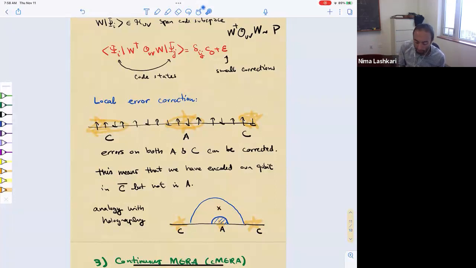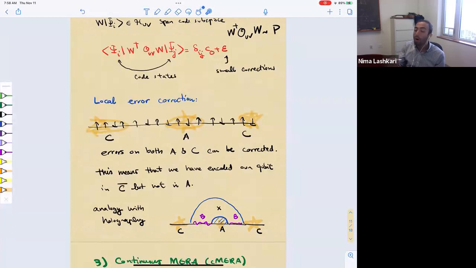Now, a qubit here survives if you erase some region A, if you act with whatever error here, but also it survives if you act anywhere out here. So this means that your qubit is essentially encoded in this region. Let's call this B. That's where your qubit is encoded, right?